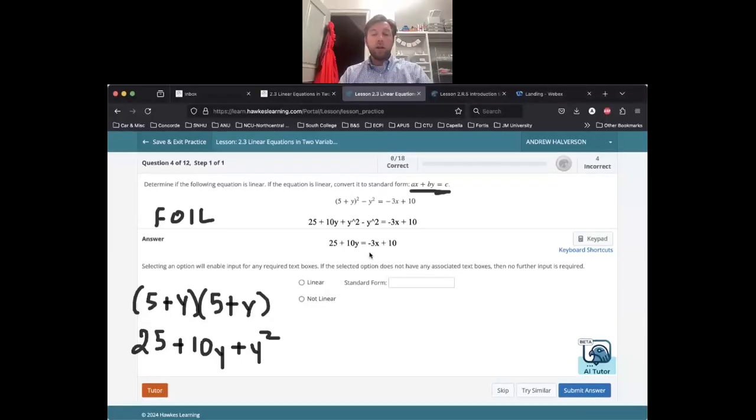So I'm going to add 3x to both sides and subtract 25 from both sides. Add 3x, subtract 25.